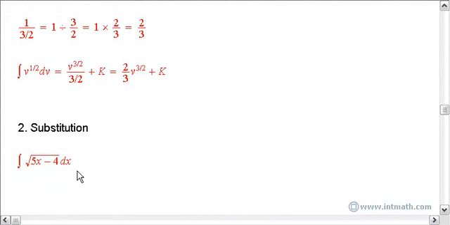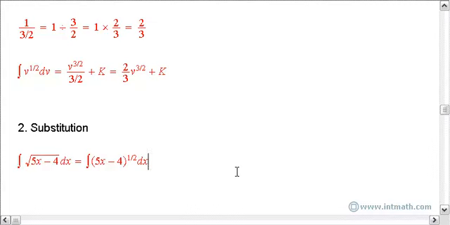What we want to do is integrate the square root of 5x minus 4. So the first thing we should do here is realize that the square root of 5x minus 4 can be written as 5x minus 4 in brackets to the power a half, and then put dx.